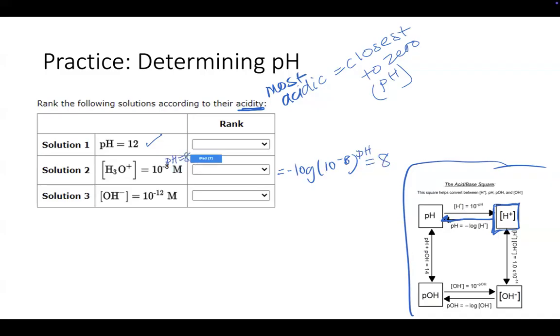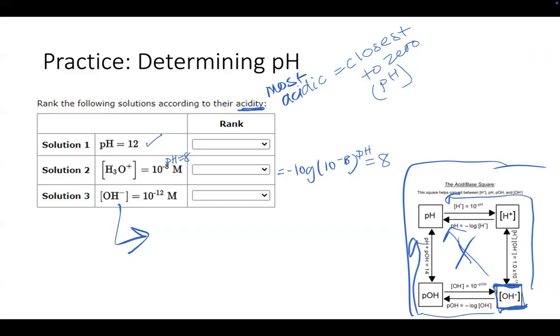And then lastly, solution 3 is given to us as an OH concentration. So this is another two-stepper because there's not a direct relationship here. I either have to go this way or this way.